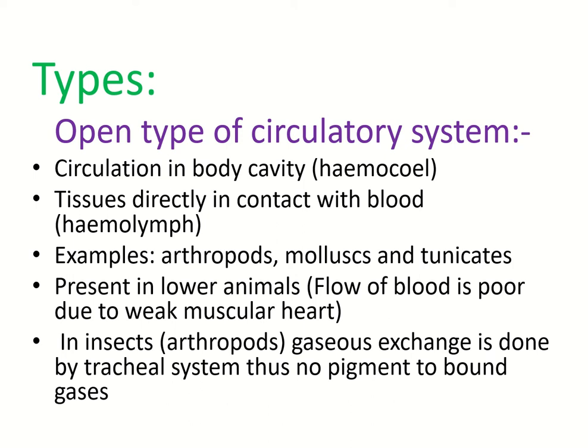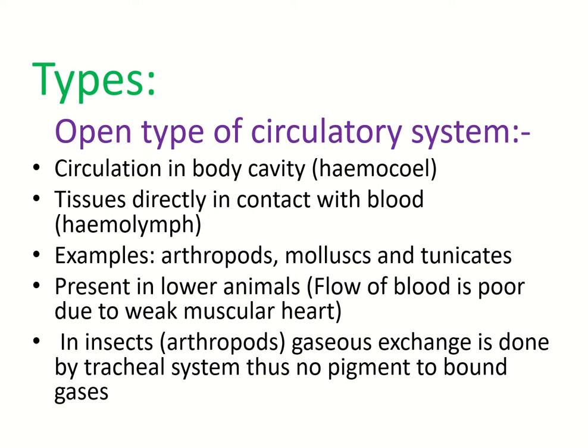That's why the body cavity is called hemocoel. As the tissues are directly bathed, directly in contact with the blood, that's why the blood is also called hemolymph. And mostly it is found in the body of arthropods, mollusks and tunicates.